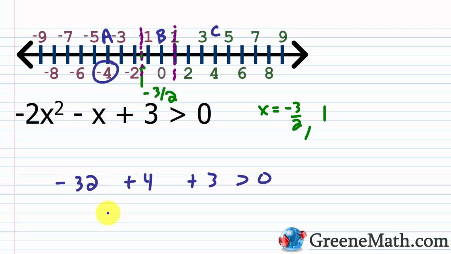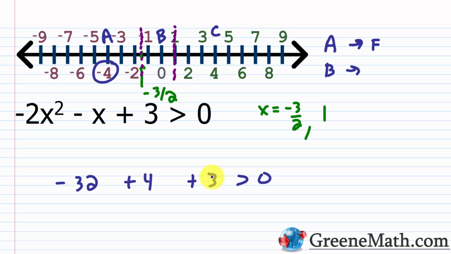So this is not greater than 0, so region A is false. For most of these, not all, the one on the left is false, the middle part is true, and the part on the right is false again. But you've got to really test these because you have some special case scenarios.